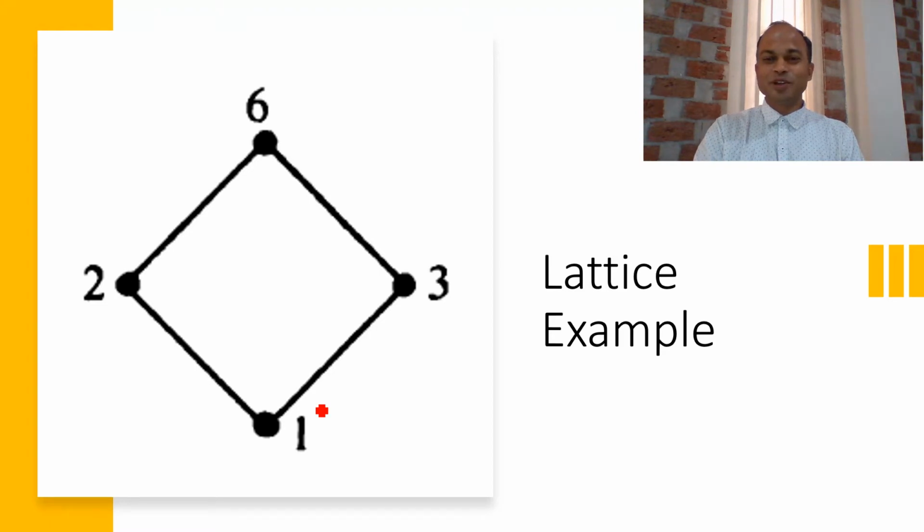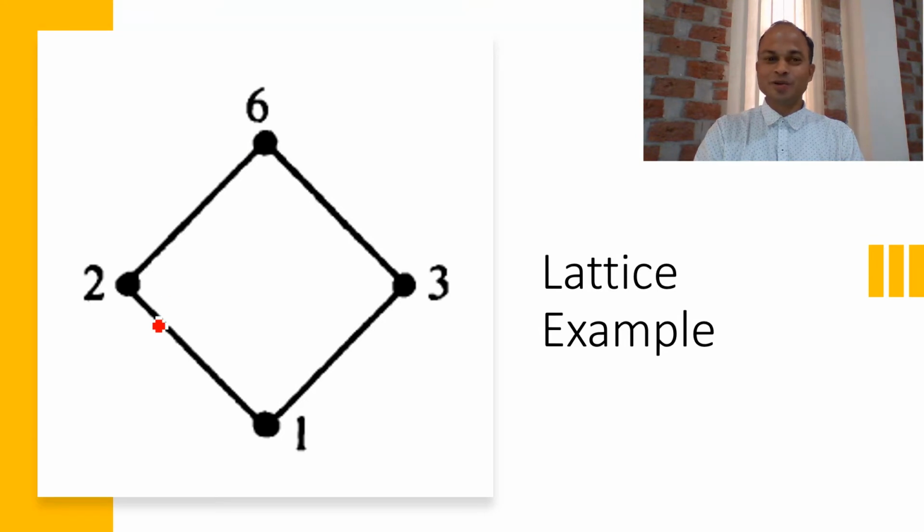Similarly, if we talk about another case, our pair is 2 and 3. The upper bound of 2 and 3 is 6. Therefore, the least upper bound is also 6.